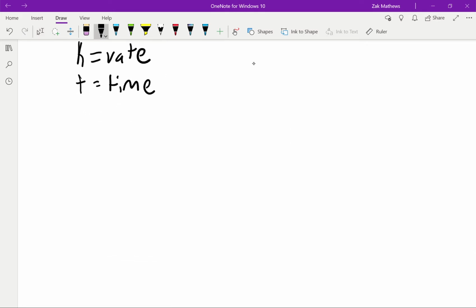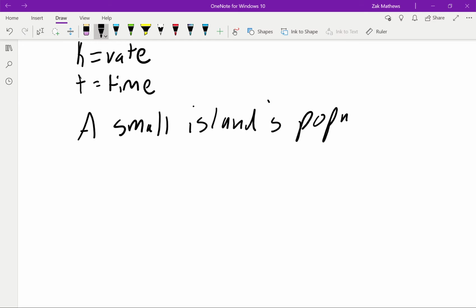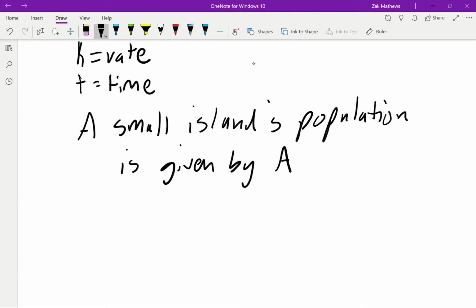Let's say we have a small island that has seen an increase in population. A small island's population is given by the equation A equals 120 e to the 0.01t.